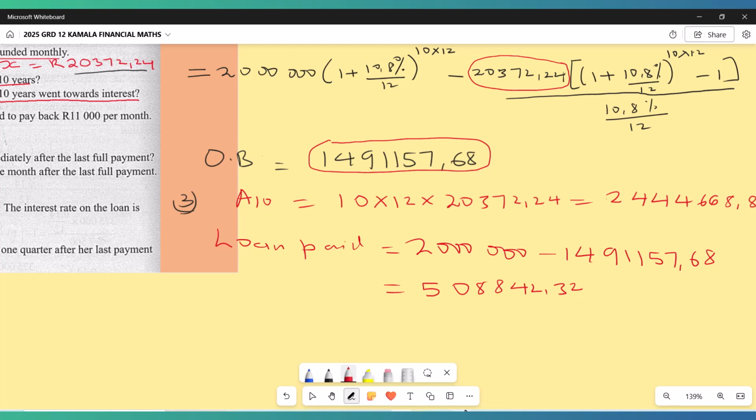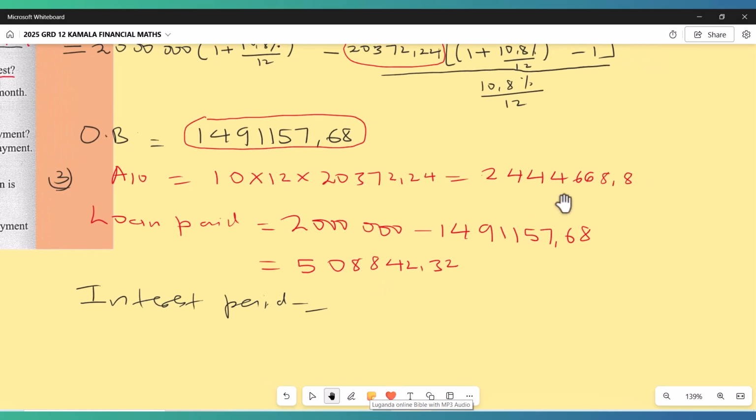Okay, so now we're looking for the interest. To know the interest paid, we take the money paid by this guy, don't forget, the amount paid for the 10 years, minus the loan paid so far.